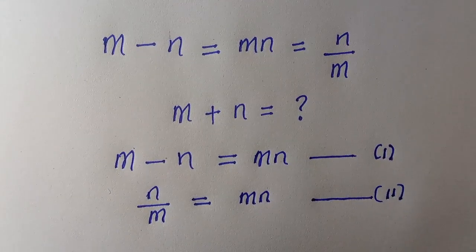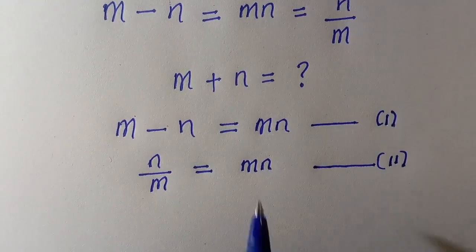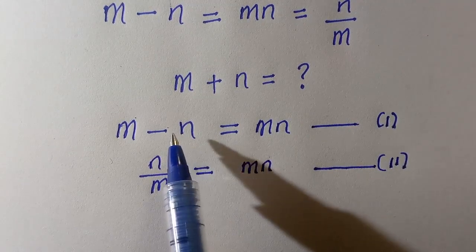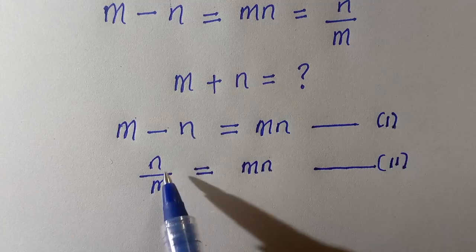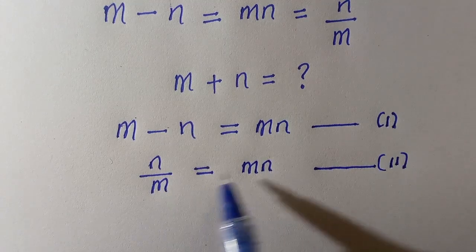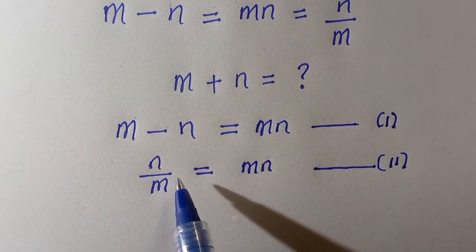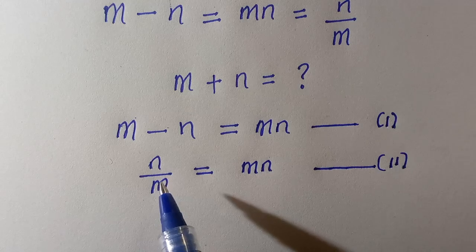So next, we have this equals mn, this equals mn. Can we simply let m minus n equals n over m? If we do that, it means we're not going to get the answers, and the equation doesn't make sense like that.